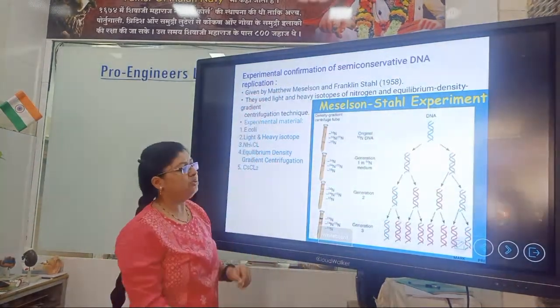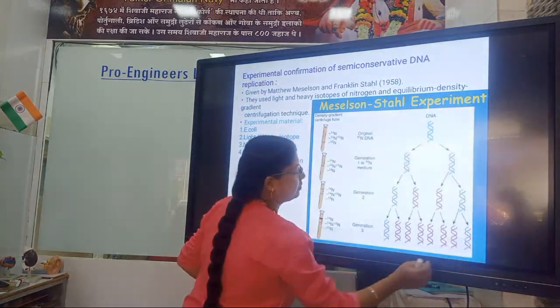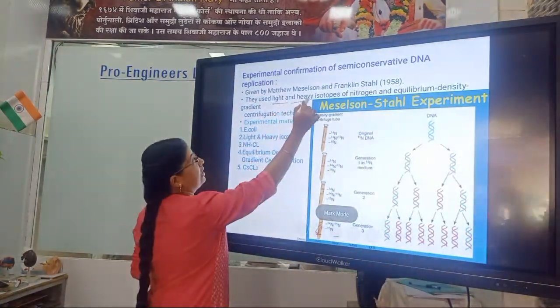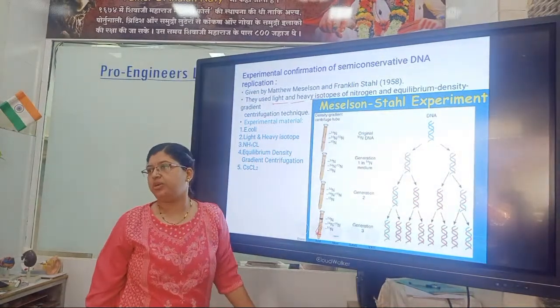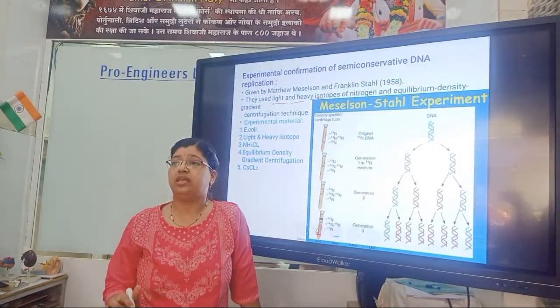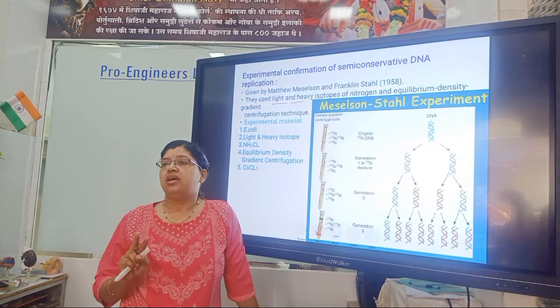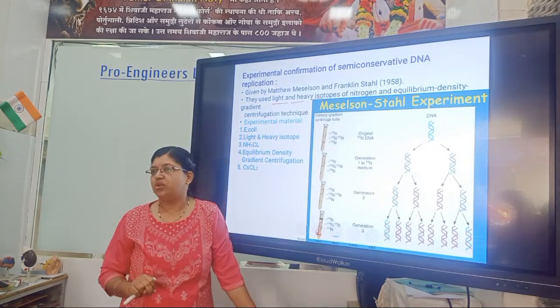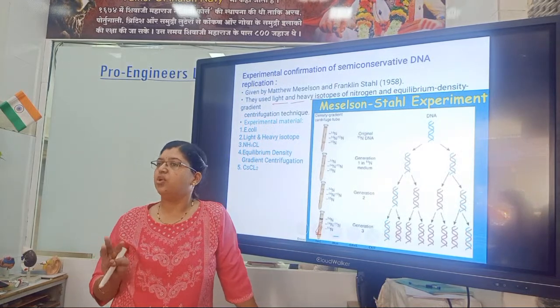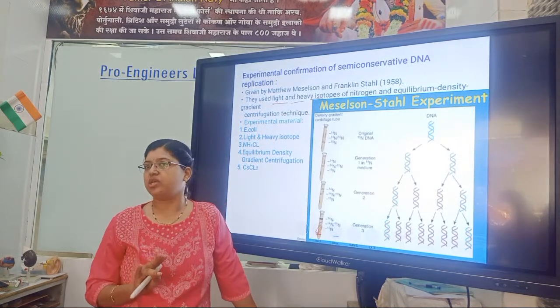They used light and heavy isotopes of nitrogen. I have already told you that there are two kinds of isotopes: radioisotopes and heavy isotopes.